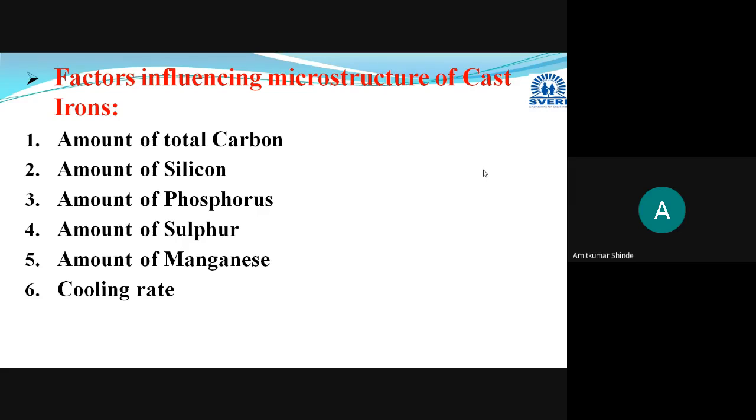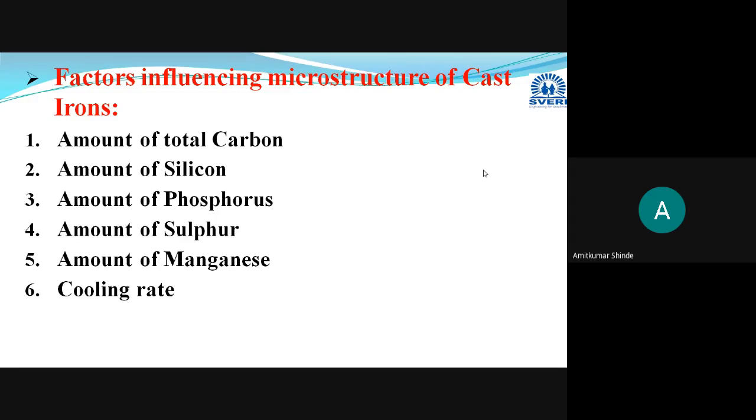whenever slower cooling rate is there, gray cast iron amount will be more. And why this is happening? Whenever rapid or faster cooling rate is used, graphitization process is not present there, or graphitization does not occur. And due to absence of this graphitization process, free carbon will not be there, and as free carbon is not present, gray cast iron is not formed, only white cast iron will be there.